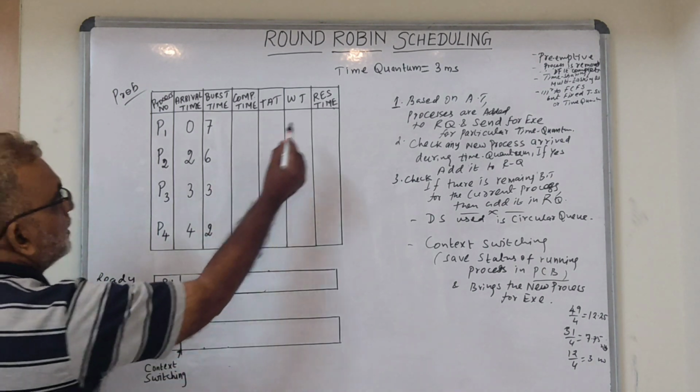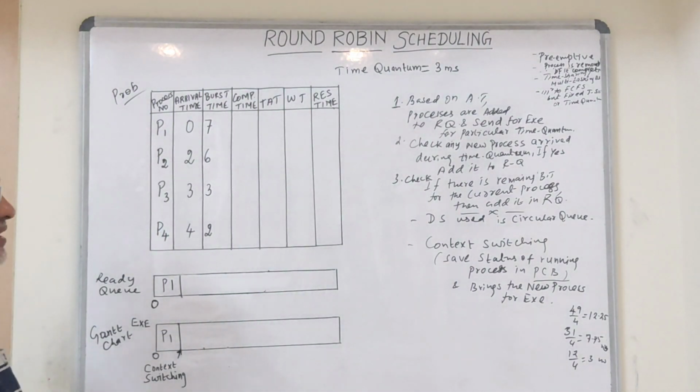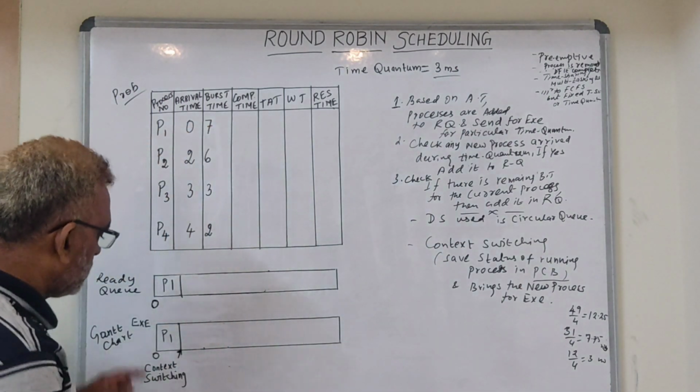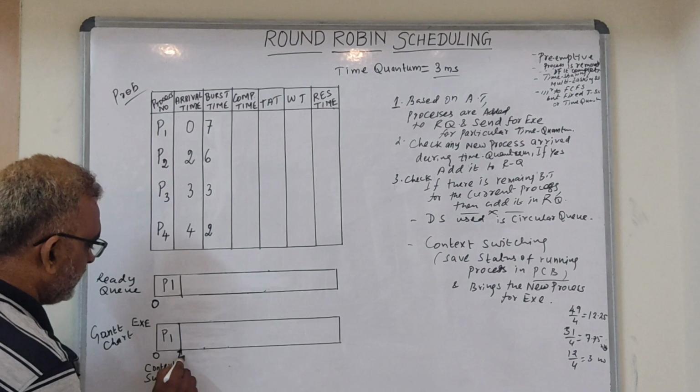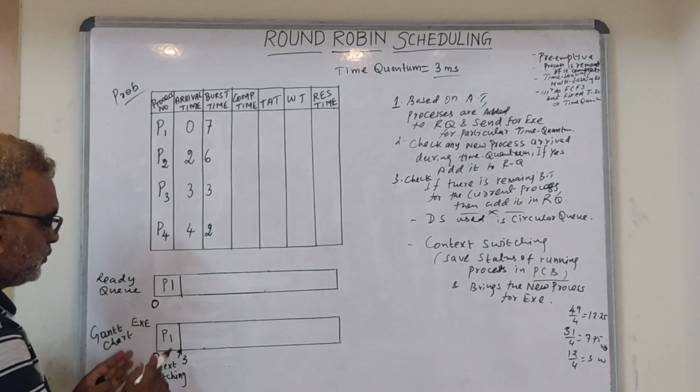The time quantum used in this problem is 3 milliseconds. So process 1 will be executed for 3 milliseconds, from 0 to 3. Now here it stops execution.